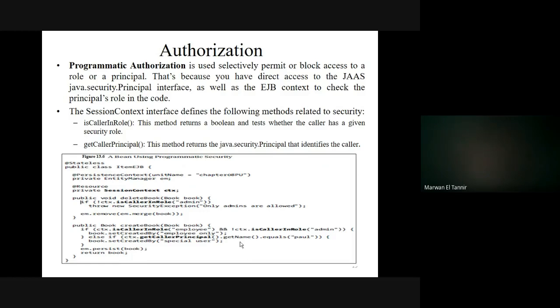Again, here is the second important method of the session context, getCallerPrincipal. getCallerPrincipal dot getName will give you the username of the user who is logged in, and I can write it in a log file, or I can check if he is a special user or whatever. So these two methods are used for programmatic authorization. These two methods are in the session context, and this is a simple example of how we use them.